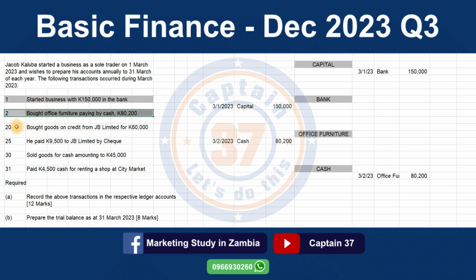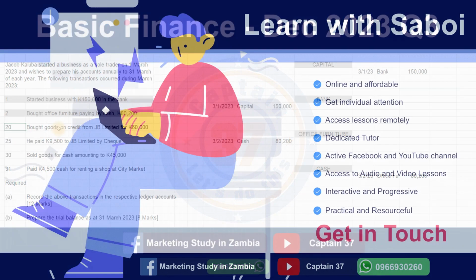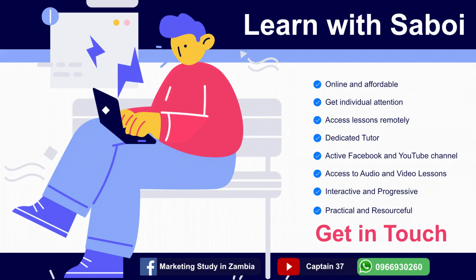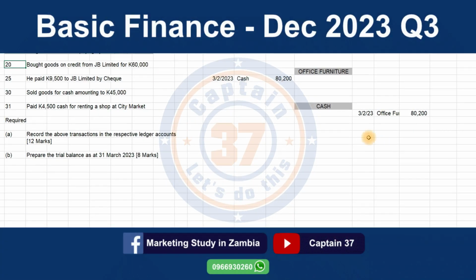We move on to this transaction that happened on the 20th. Bought goods on credit. So we're going to open an account, and we're going to call it goods. Since it's being bought, something is coming in, it means it's going to be debited. When did this transaction take place?